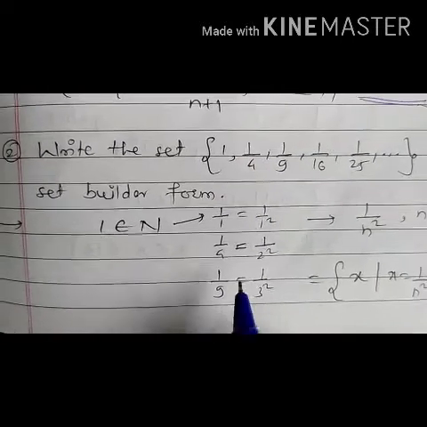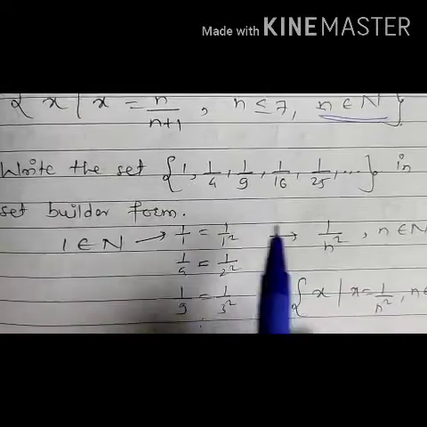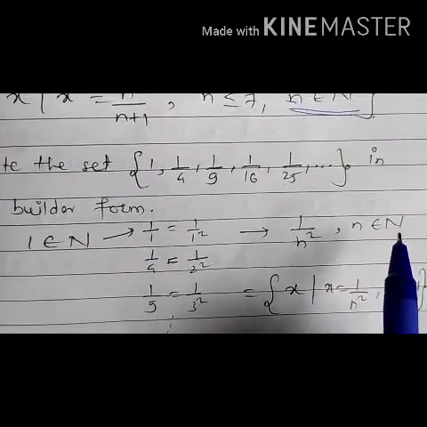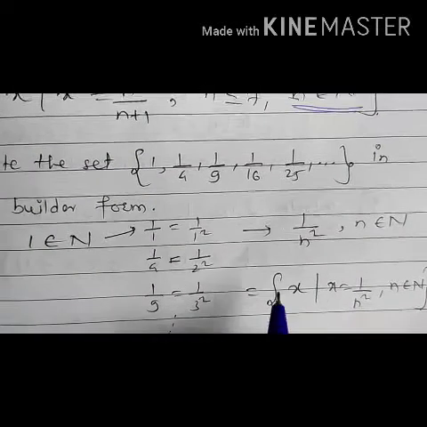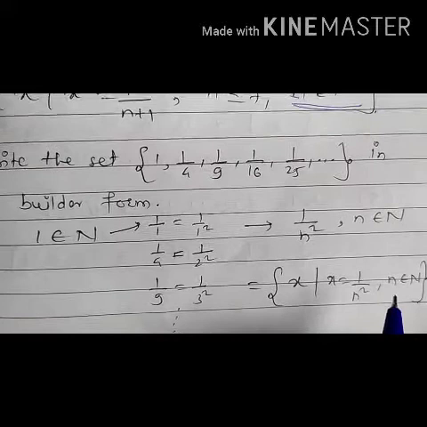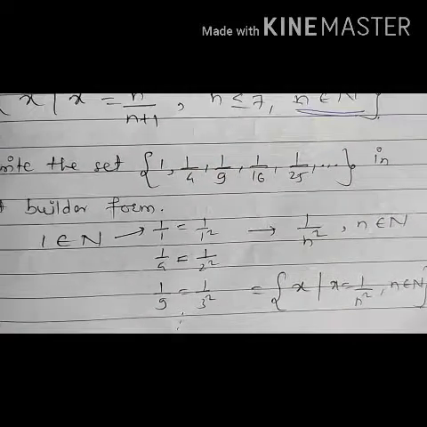So clearly we have the elements in the form 1 upon n square, where n belongs to the set of natural numbers. So we can write the set as the set of x such that x equals 1 upon n square, where n is from the set of natural numbers.